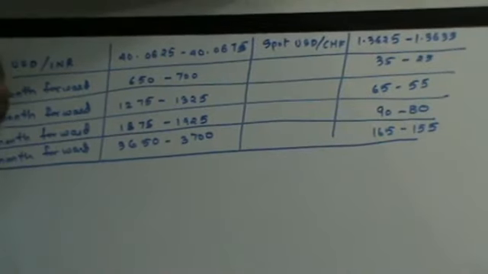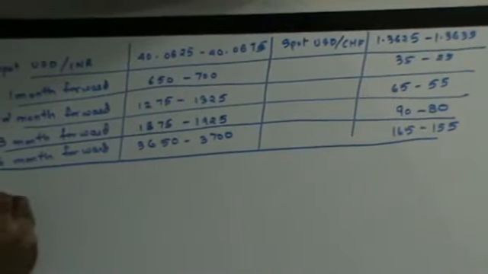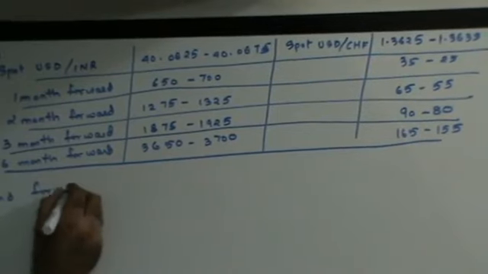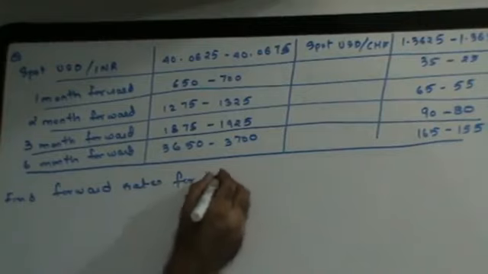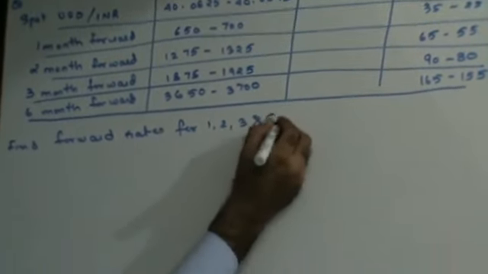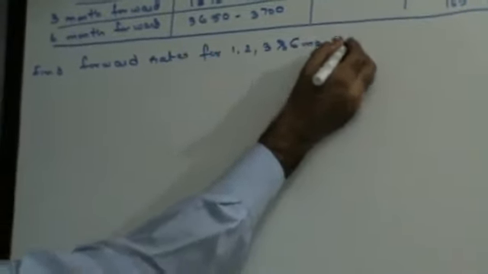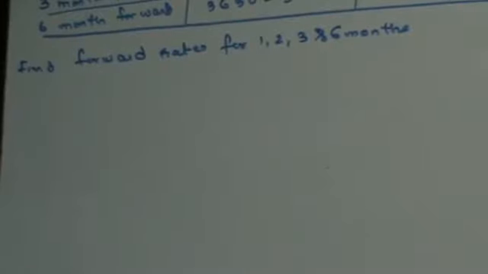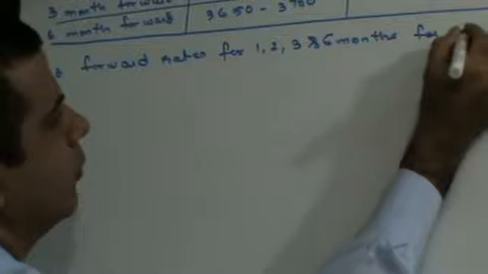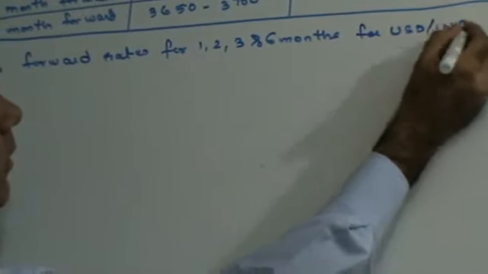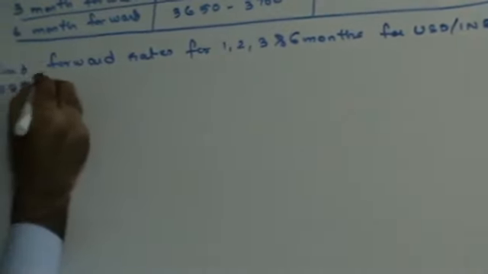You have got to calculate the question. Find forward rates for 1, 2, 3 and 6 months for USD INR and USD CHF.